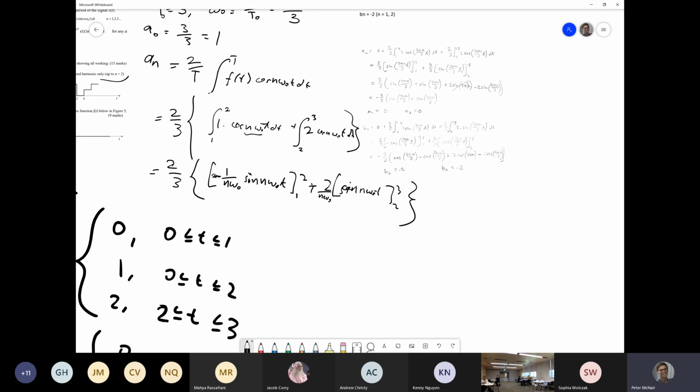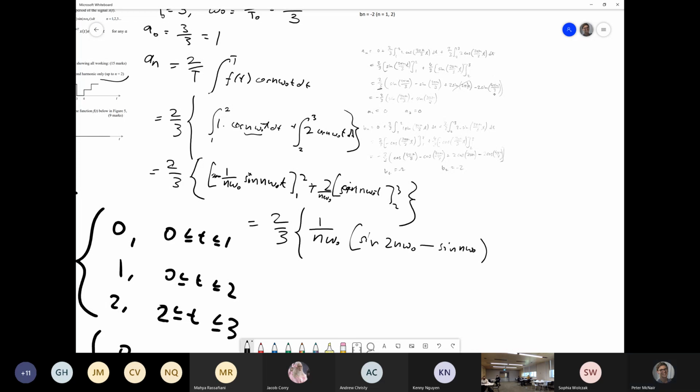So then we should be able to just simplify this out, 2/3. And then this is going to be 1 on n omega naught into sine of 2 n omega naught minus sine of n omega naught. Yeah, actually, this does seem weird. There's no pi's coming out when there should be.